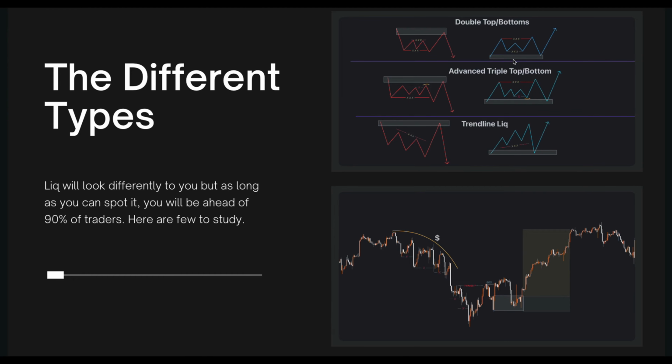Okay, but again, liquidity might look different from what I determine and see as liquidity to what you might determine and see as liquidity. But as an example, this right here is all liquidity. This is like a form of trend line, right? All this liquidity needs to get taken out. And as it was breaking structure towards the downside, it was also taking out those lower lows.